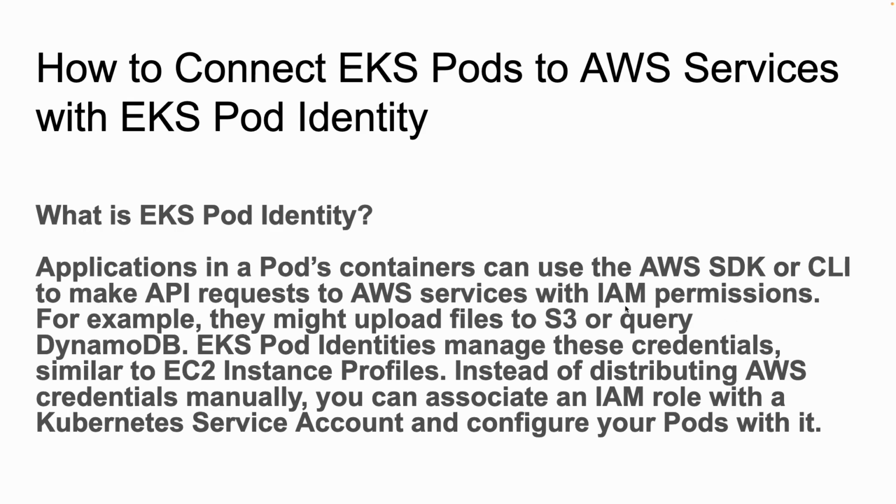We just need some IAM permissions, which we will associate to the Kubernetes service account, and that service account will be configured for the pods for which we want this association to be created.